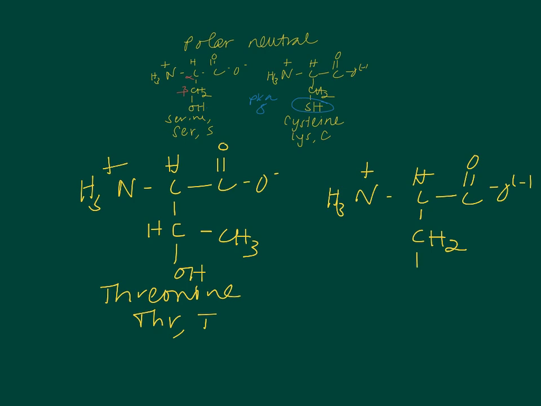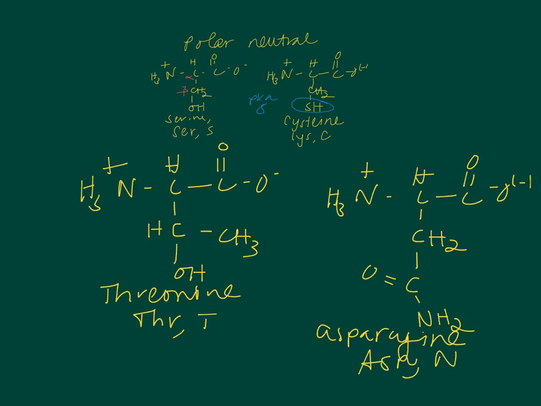So CH2 ending in an amide group, NH2. This is called asparagine. The 3-letter code is ASN, and the 1-letter code is N. One of the hardest ones to memorize because the word asparagine is just kind of odd.